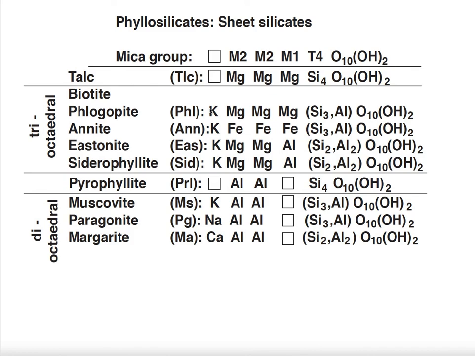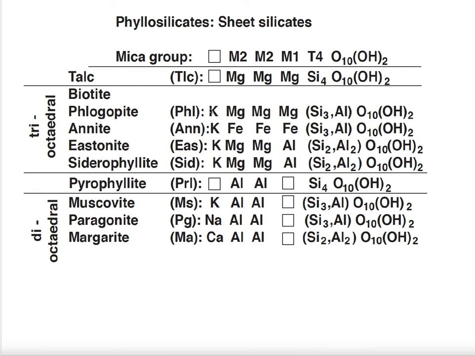The muscovite has potassium in the interlayer, then we have potassium, aluminium 2, and we have to balance the potassium in the interlayer. Then we have Si3Al on the tetrahedra. We are removing one silicon and replacing it with one aluminium to balance the one-time positively charged potassium.